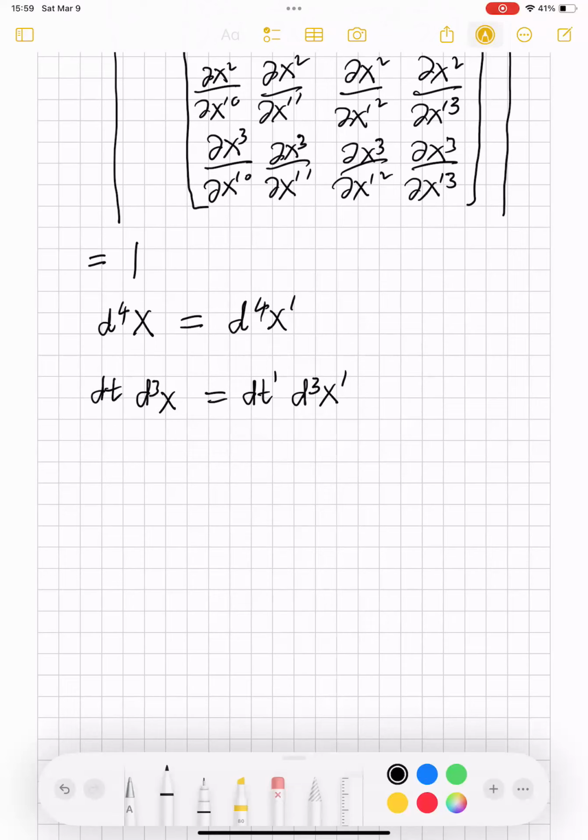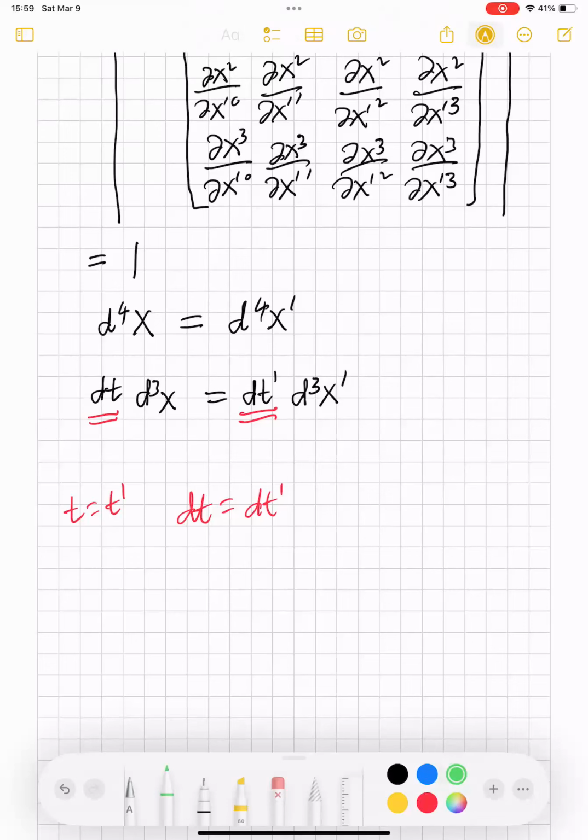One type of Lorentz transformation is a rotation. Under a rotation, you would not change t. t doesn't change under rotation. So t would be equal to t primed, and dt would be equal to dt primed. So on both sides of the equation, those two factors would be equal.